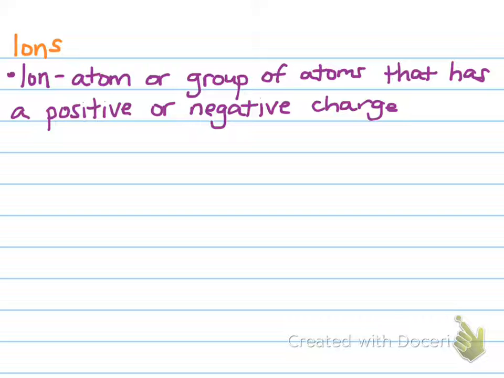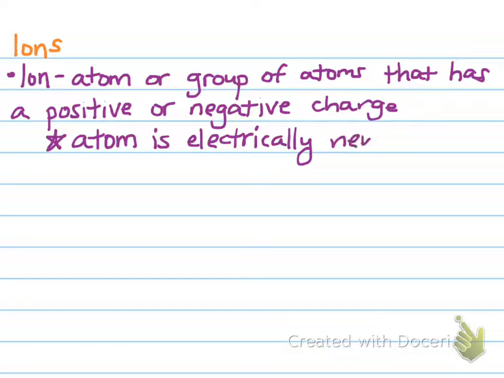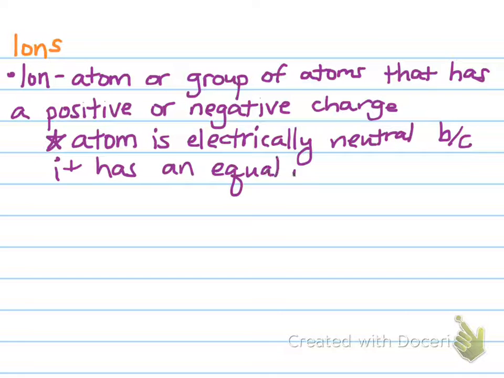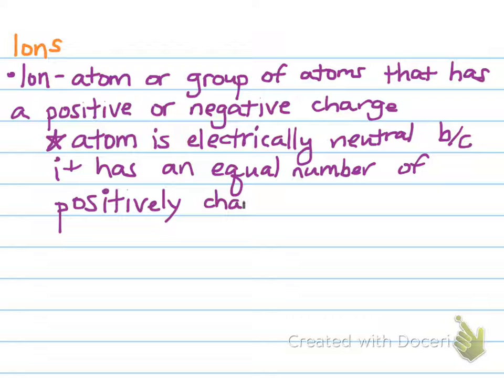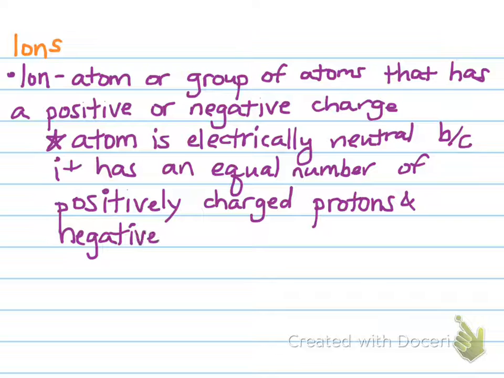Now, remember, when we're not referring to an atom as an ion, when we call it specifically an atom, it is electrically neutral because it has an equal number of positively charged protons and negatively charged electrons.